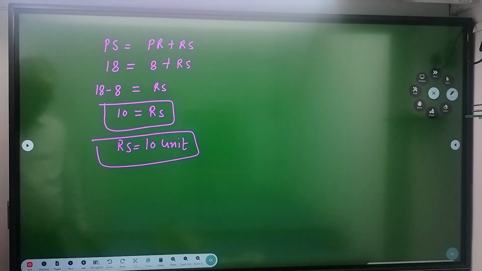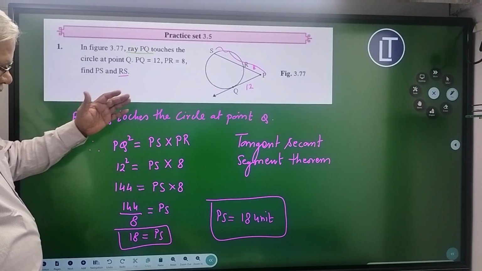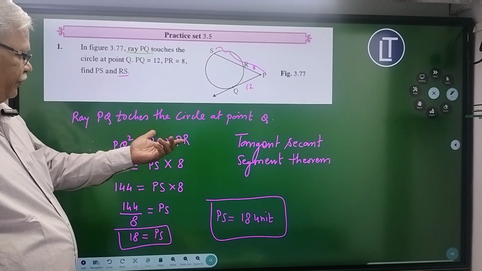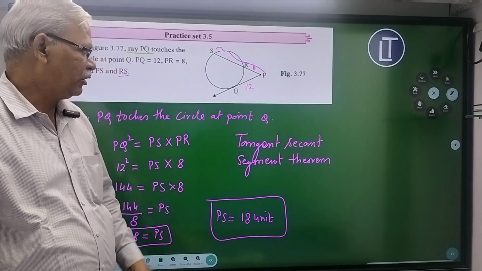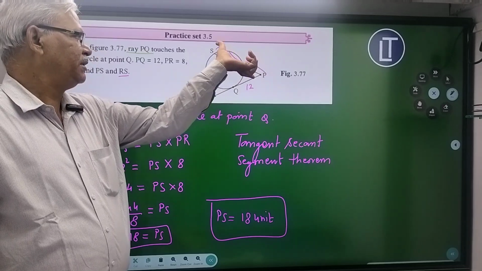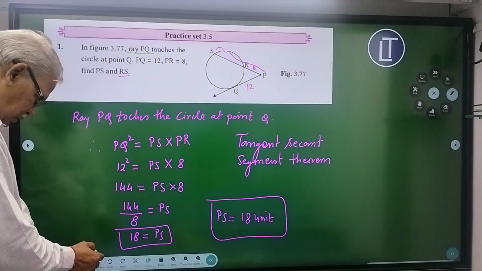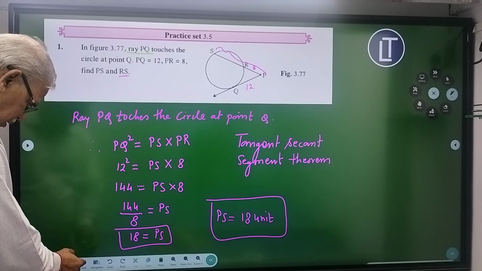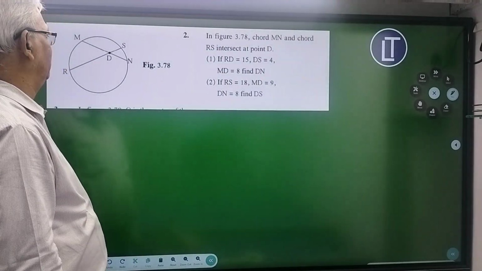Now after this, see here, first again, we used only the tangent second segment theorem, because this is the tangent and here this PS is a secant. Okay, now the next is the second problem here.